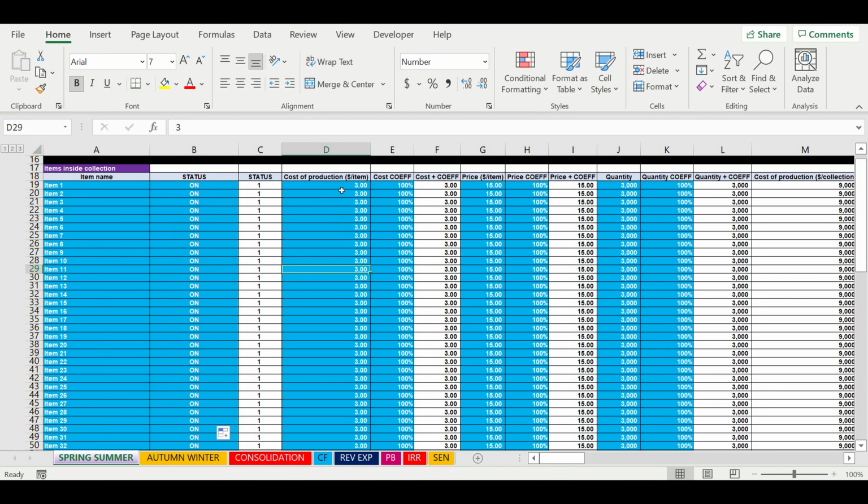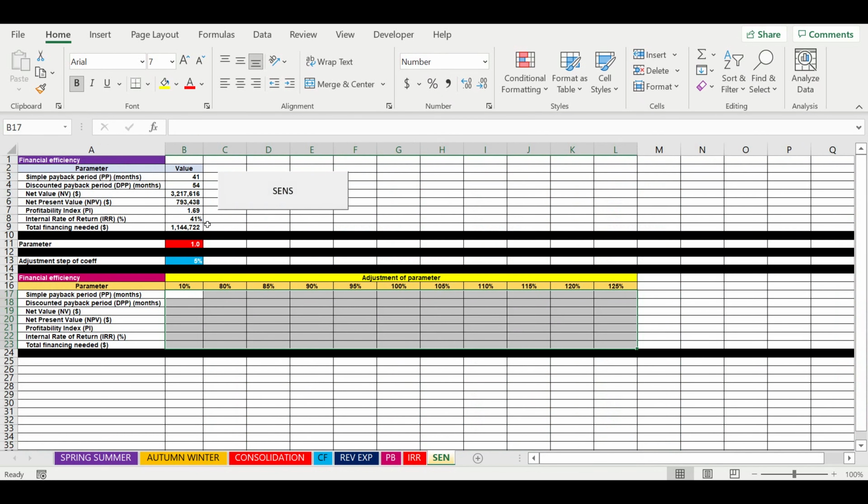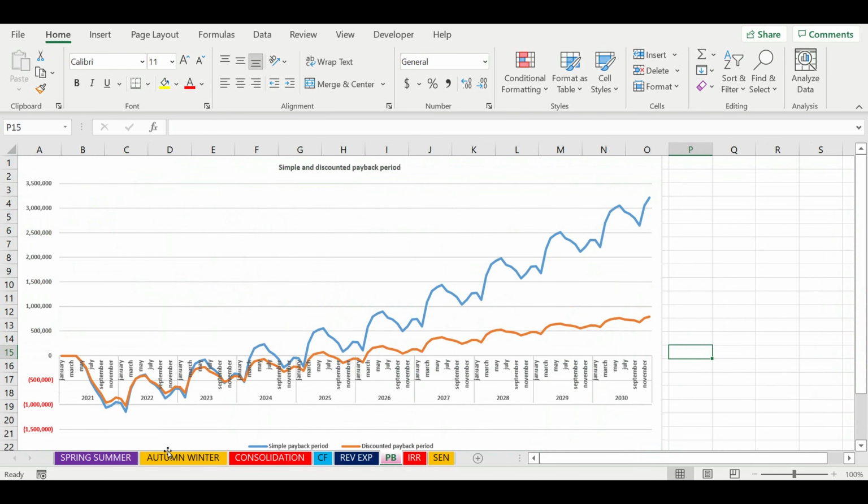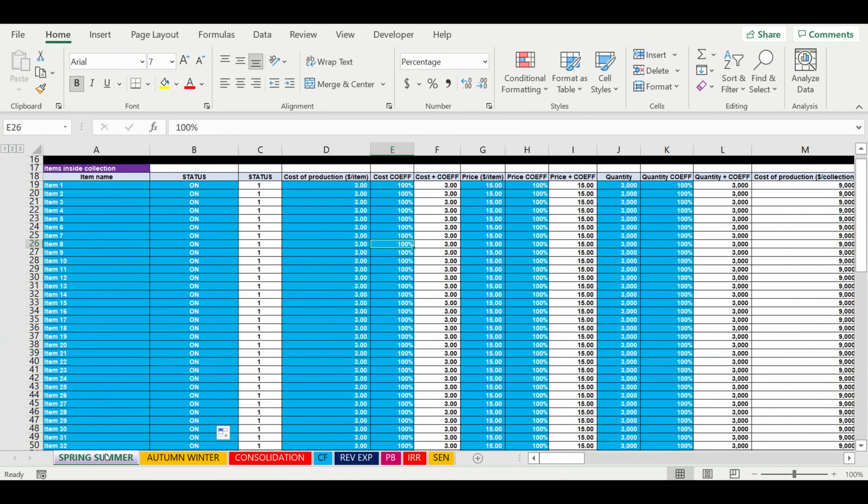Then you start describing the cost of production of each item. Once you are done with that, and when you see the results, you see the simple and discounted payback period. You may also assume, for example, that the cost of production will increase by 30%.